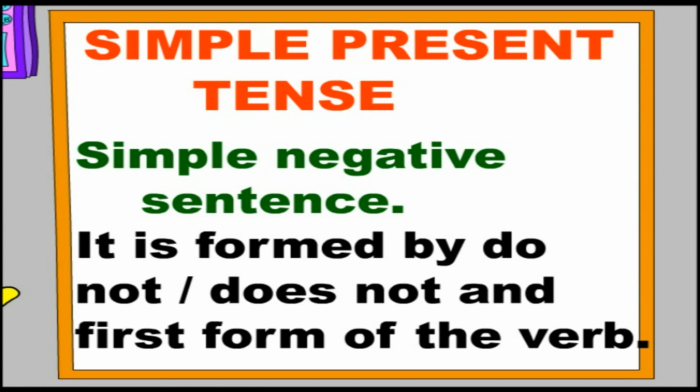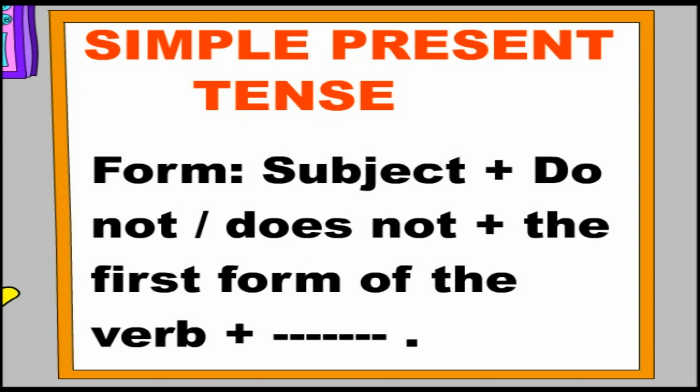Simple negative sentences. It is formed by do not or does not and the first form of the verb. Form is subject plus do not, does not, plus the first form of the verb plus the activity.